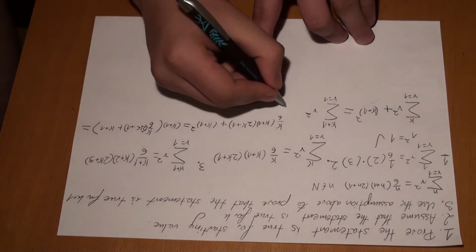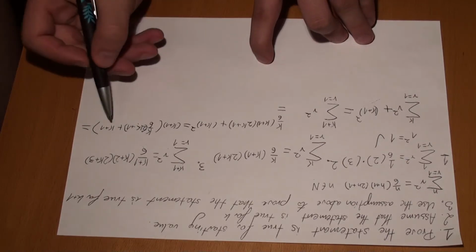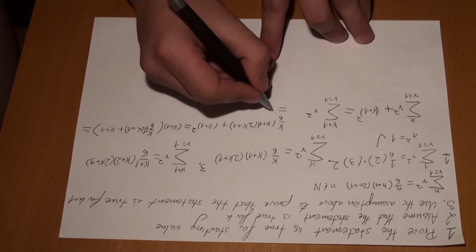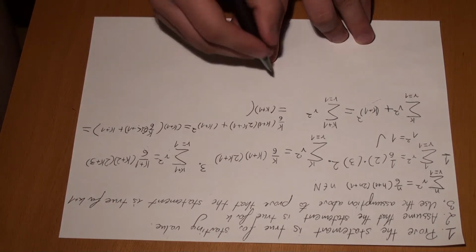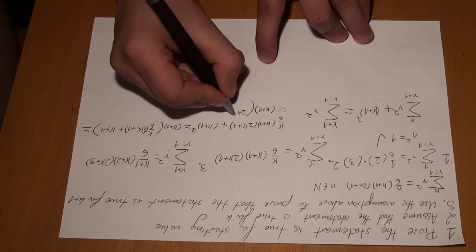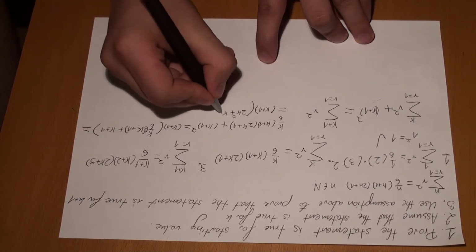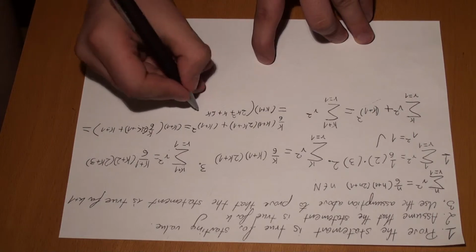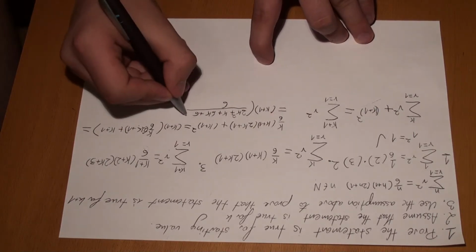Okay, now that is equal to, let's multiply these and put this into the fraction. So it's going to be k plus 1 multiplied by 2k squared plus k plus 6k plus 6. All this over 6.